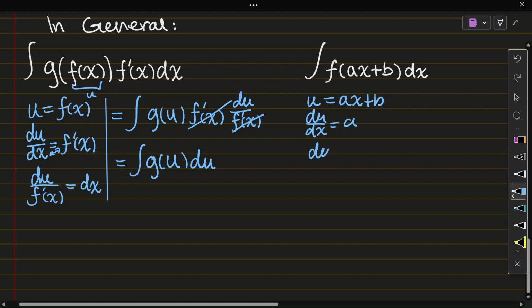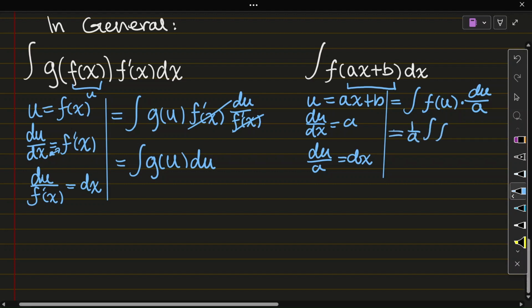Then I have that du over a equals dx. So this integral now becomes the integral of f, remember ax plus b is my u, times dx becomes du over a, and now this just reduces to 1 over a times the integral of f of u du, and that's much easier to compute.